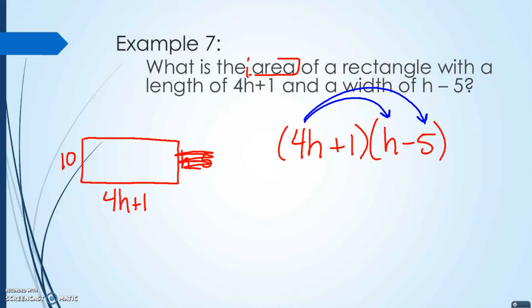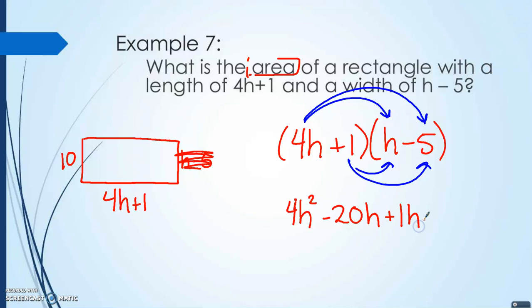So 4h times h is 4h squared. 4 times negative 5 is negative 20, and there's an h there. And then we distribute the next one, that 1 there. So positive 1 times h is plus 1h, or just plus h.